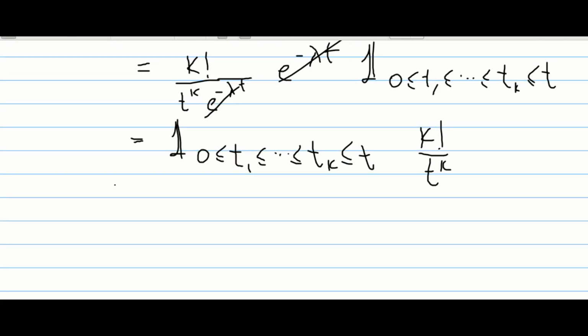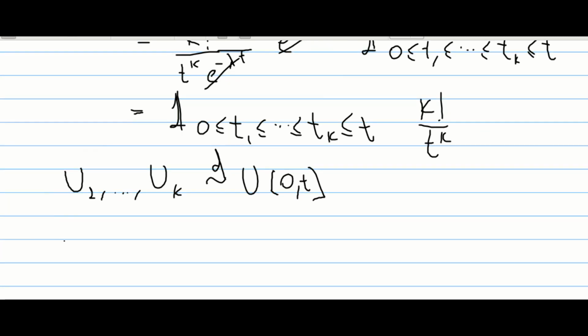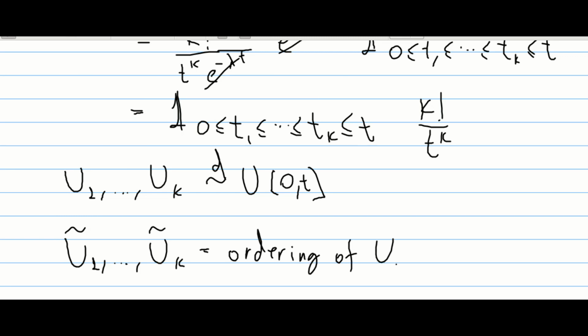So what does this give us? Imagine that we're taking uniform random variables, U_1 all the way up to U_k, all distributed as uniform on [0,t], and then we order them. We consider Ũ_1 all the way up to Ũ_k, and this is just the ordering of the U_j's.